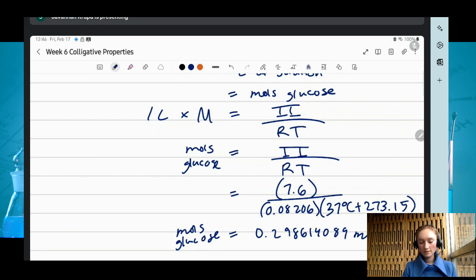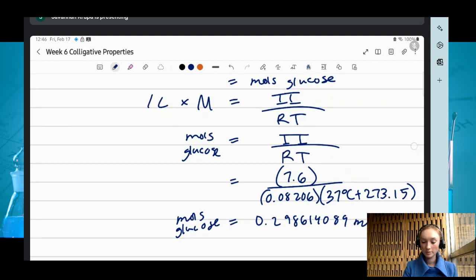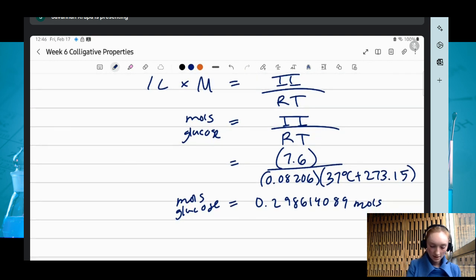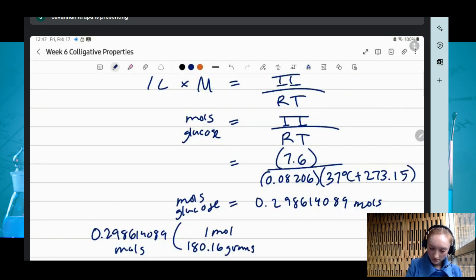Okay, so now that we have moles of glucose, the problem asks us to find the mass of the glucose. So now all we have to do is multiply it by the molar mass of glucose. So let's start with the 0.298614089 moles that we got. And using the molar mass, it is 180.16 grams for every 1 mole of glucose.